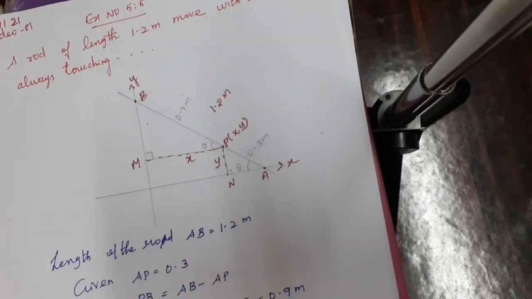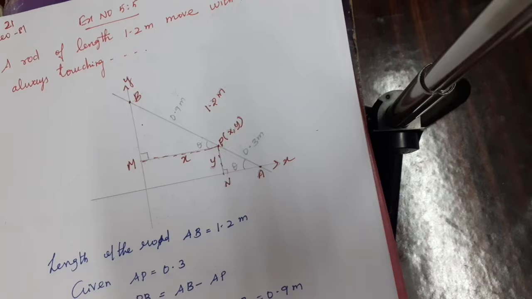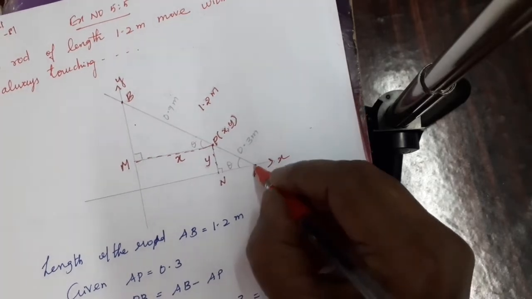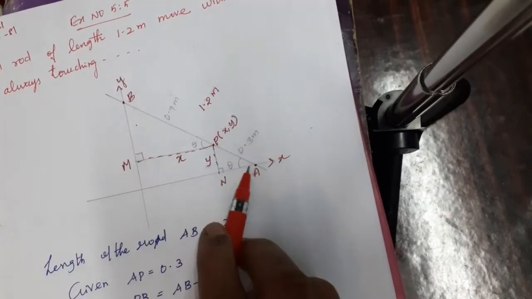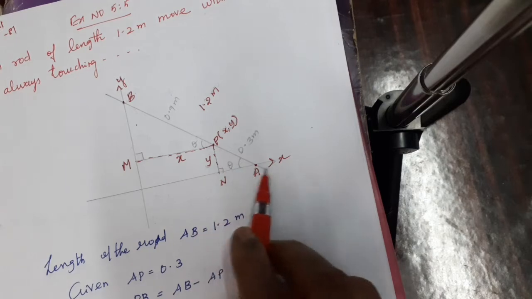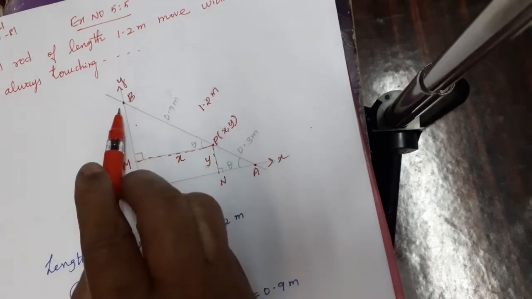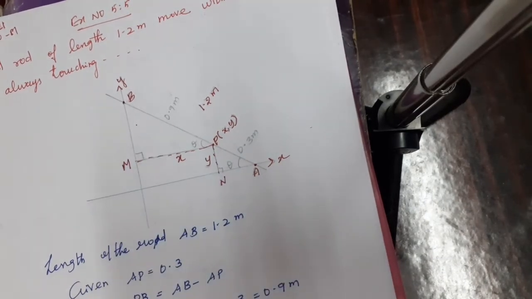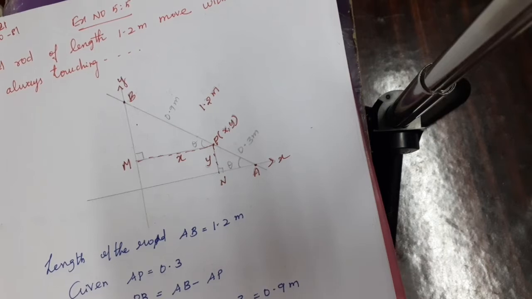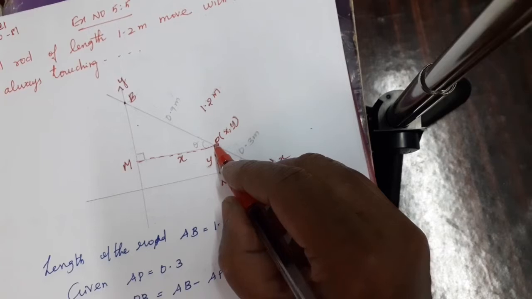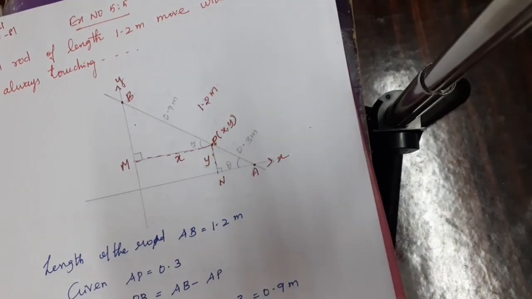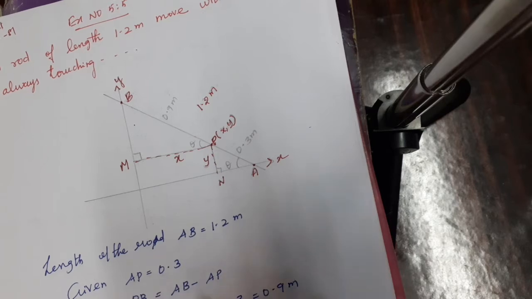What is the question given? AB is the length of the rod. We take a rod of length 1.2 meter touching the coordinate axes. The rod AB touches both axes, meaning it meets the x-axis as well as the y-axis. Next, the locus of the point P on the rod, which is 0.3 meter from the end in contact with the x-axis.